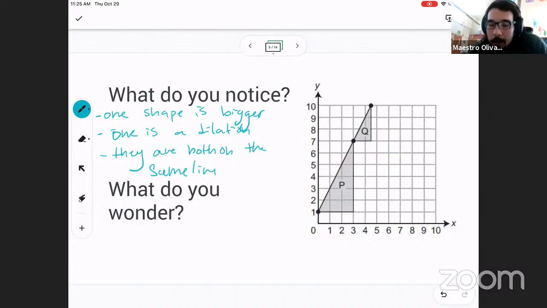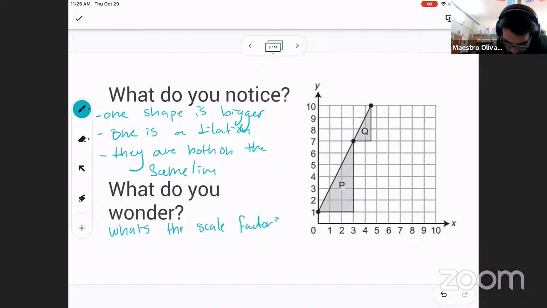Okay, let me see what people are writing. I wonder what the scale factor is. Okay. What's the scale factor? How many times bigger is one triangle than the other? Okay, I wonder what this P and Q mean.